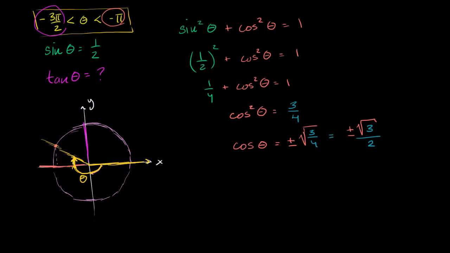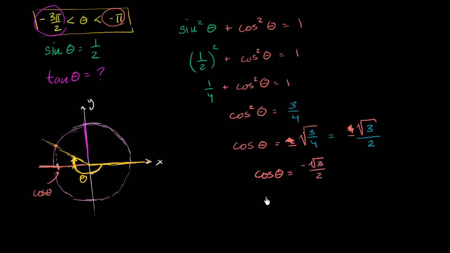So this point right over here, actually let me do it in that orange color again. This right over here, that is the cosine of theta. Now, is that a positive or negative value? Well, it's clearly a negative value. So for the sake of this example, our cosine theta is not the positive one, it is the negative one. So we can write that cosine theta is equal to the negative square root of 3 over 2.